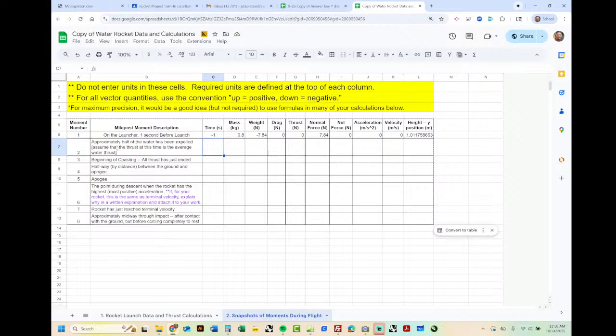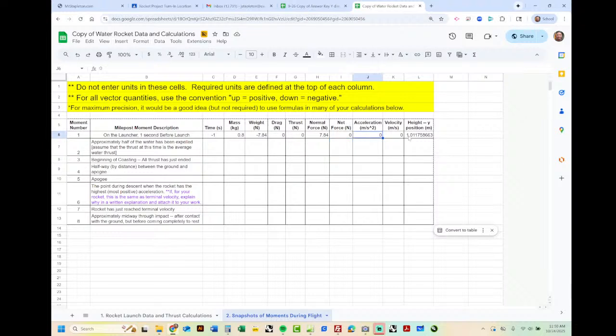All right, second row here. Oh, by the way, when I'm checking this, I'm going to be checking a few things. I'm going to check to make sure that of these forces, there are 4 possible forces: weight, drag, thrust, normal force. If I add up all 4 of those, equals this, plus this, plus this, plus this, I should get the correct net force there.